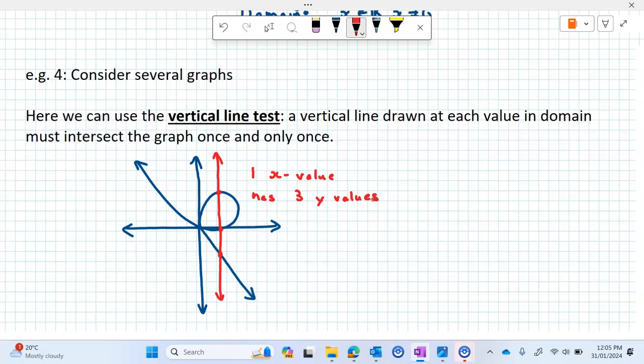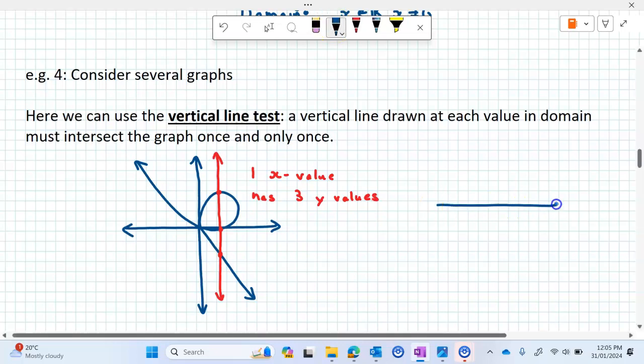If I drew another function, let's say it looks a bit more like this. So I've got a horizontal line going across there, and it doesn't exist at the final point. And I draw another bit where it doesn't exist at the initial point.